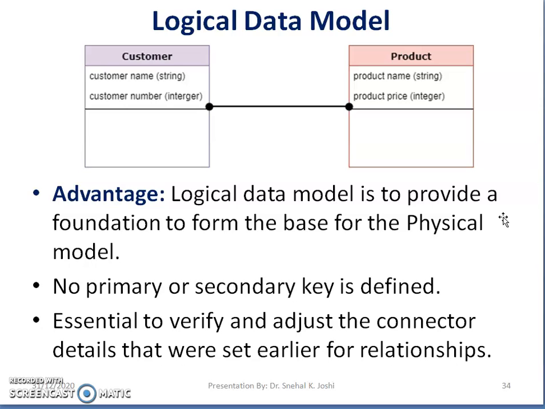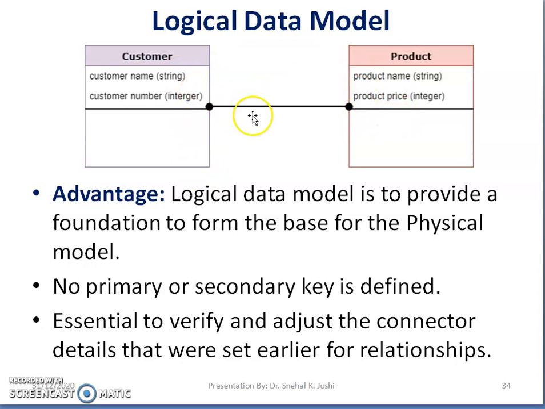Next is the logical data model. The advantage of the logical data model is to provide a foundation that forms the base for the physical model. No primary or secondary key is defined here. It is essential to verify and adjust the connector details that were set earlier for the relationship.